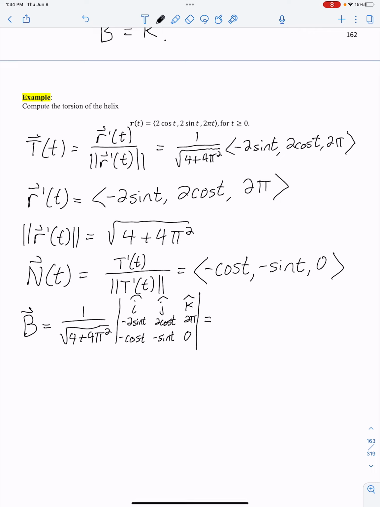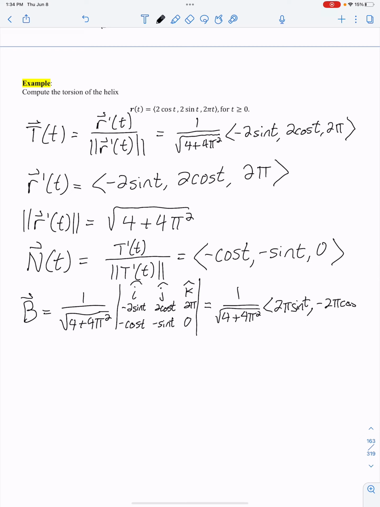If you work all this out, we are going to get 1 over that constant times, and then the vector that we're going to get left with is going to be 2. Hold on, I lied to you. It's going to be 2 pi sine t, and then negative 2 pi cosine t, and then the last thing we're going to have is negative 2.